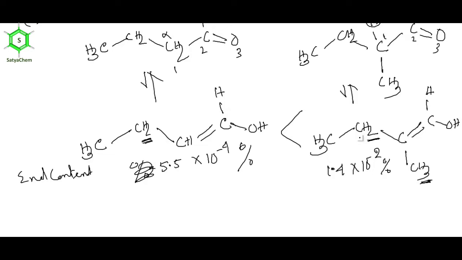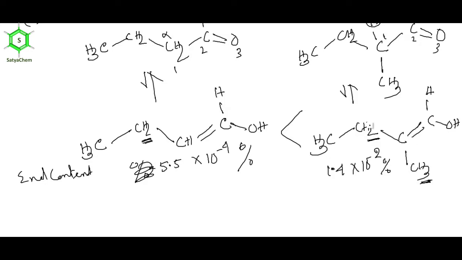This is just because of hyperconjugation, because introduction of alkyl groups on the alpha carbon of a carbonyl compound increases the enol content, because in the enol form the number of hyperconjugative hydrogens increases.